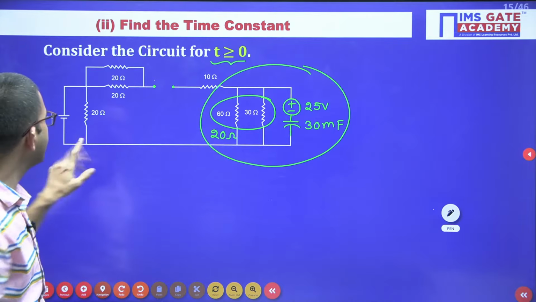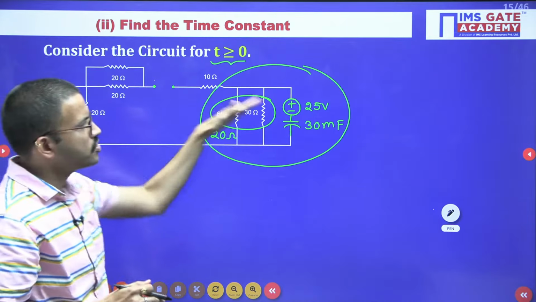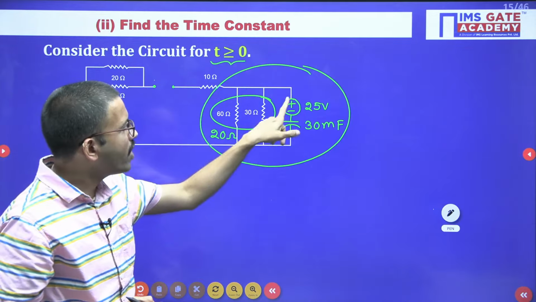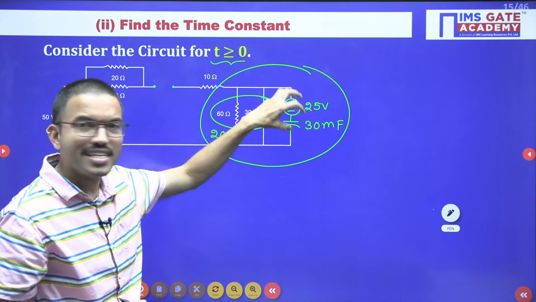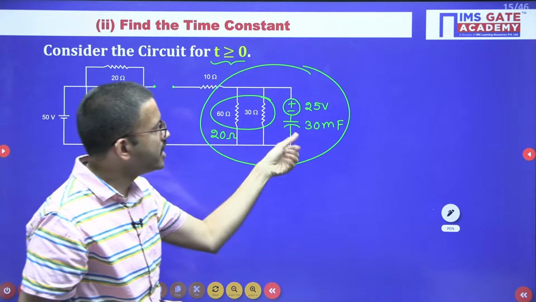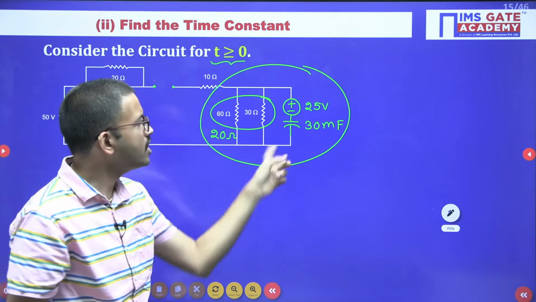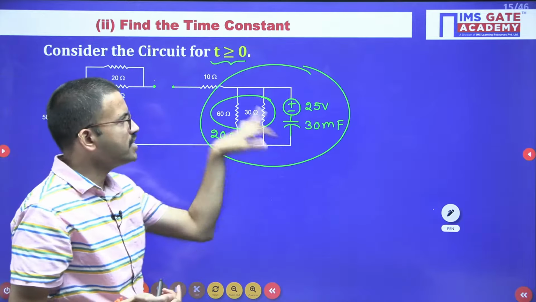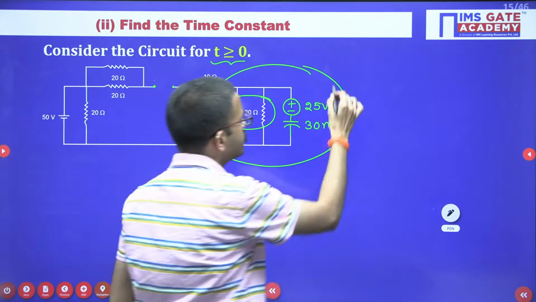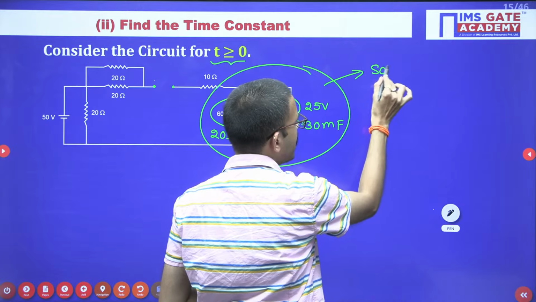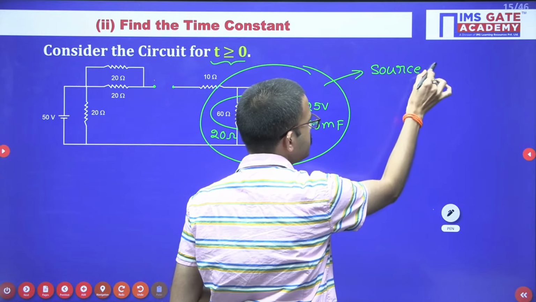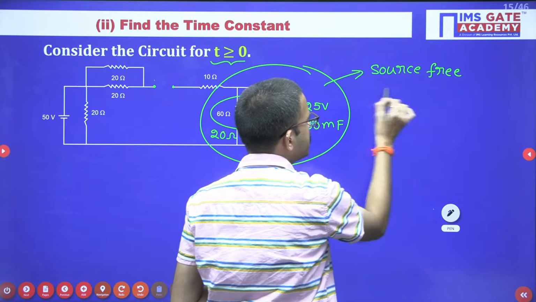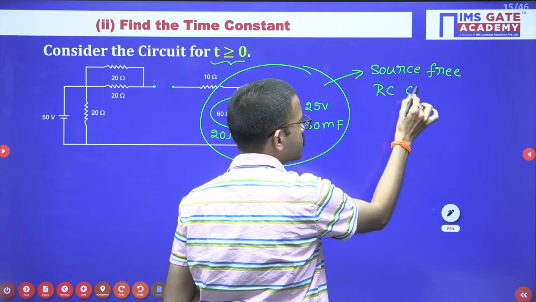After the switching action, there is no independent source connected to this circuit. Whatever voltage you are having is the initial voltage that was there in the capacitor. But there was no independent source connected here. So this part of the circuit after the switching action is a source-free RC circuit.